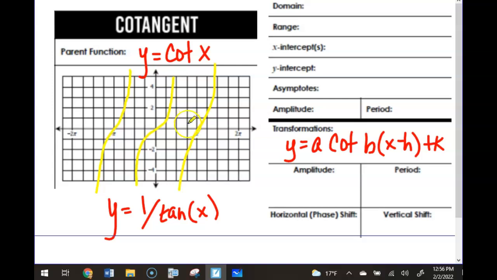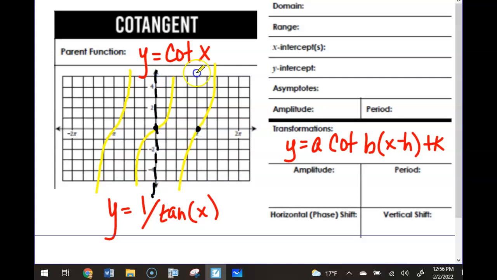Now, cotangent is the reciprocal of that. Well, what is the reciprocal of 0, guys? I've asked that question a couple times today. Reciprocal of 0 is undefined, right? So we're going to have an asymptote there.